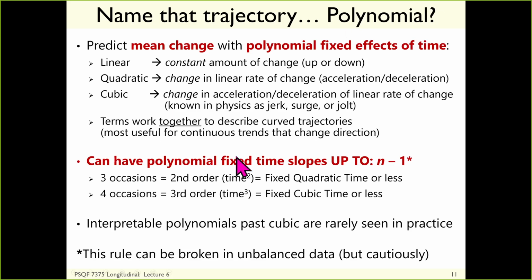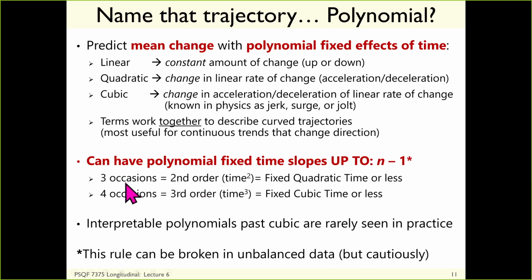So in general, the rule as to how many of these polynomial trends for change over time you can include is based on the number of occasions. So it's the number of occasions minus 1 that is how many fixed slopes related to time you can put in the model. It's minus 1 because you always have an intercept.